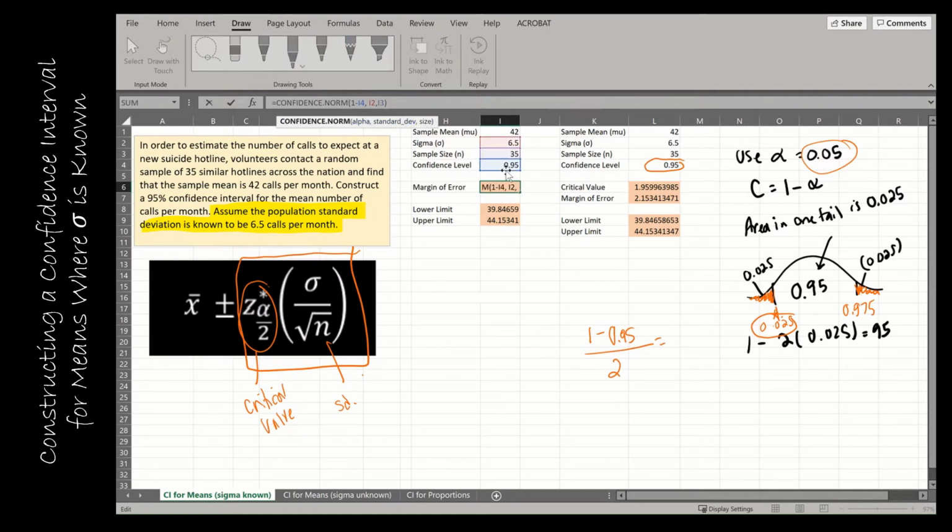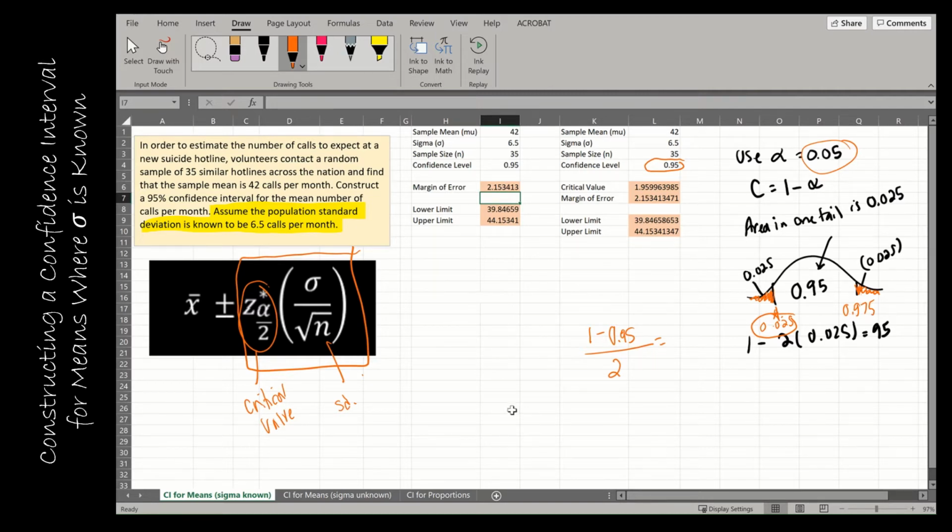I'm not given alpha, I'm given the confidence level, so I just took 1 minus the confidence level to find alpha, and then the standard deviation, which is the given standard deviation of 6.5, and the sample size of 35. And notice I got the same answer either way. So hopefully you followed along to this point.